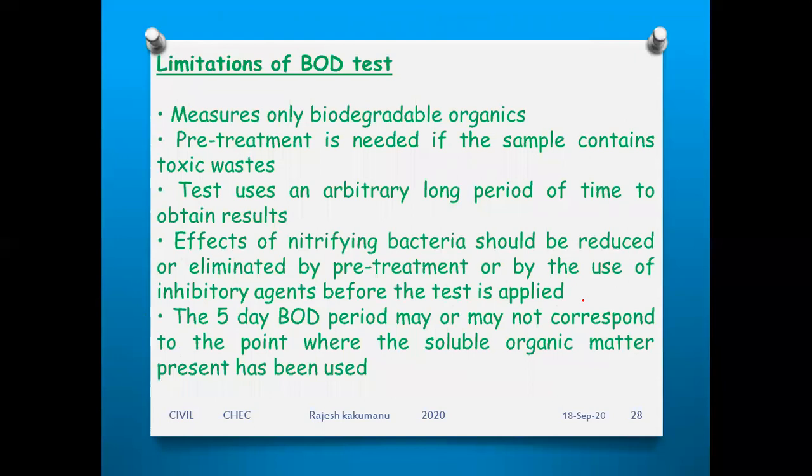Next one. What are the limitations of BOD test? Generally, this type of question you will get as a 3 marks question, or it may be a 4 marks or 6 marks question.